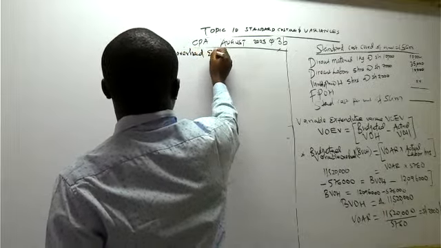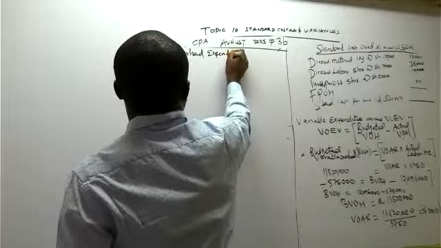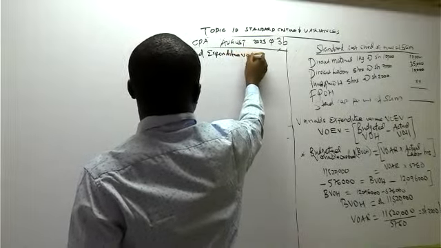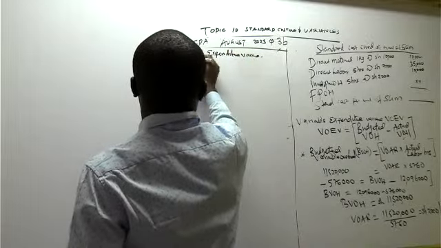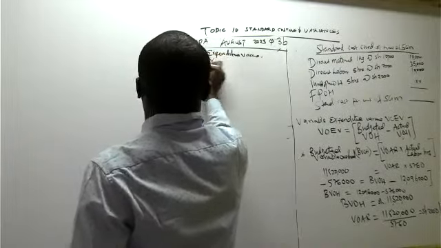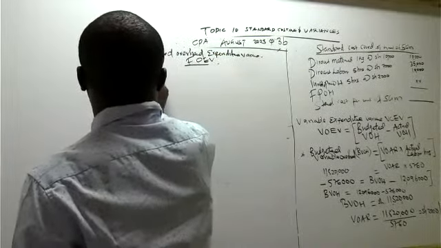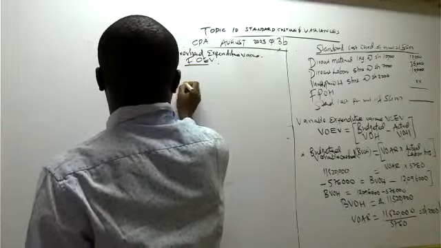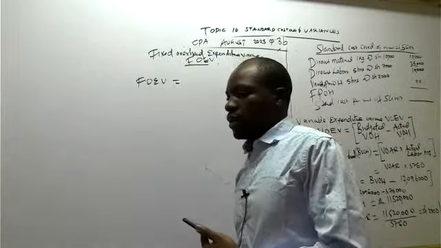So the fixed overhead expenditure variance, our fixed overhead hiki tuna float.